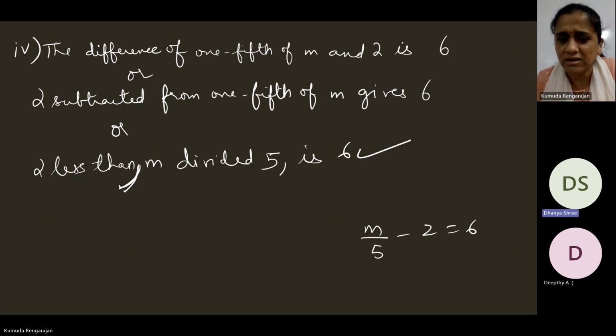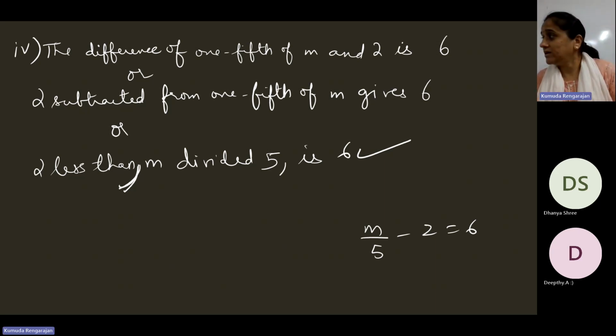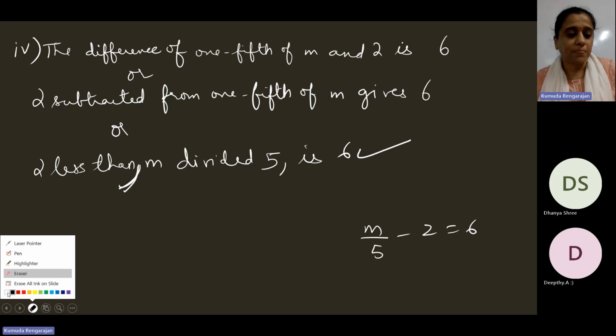Or you can write 2 taken away from the quotient of a number m and 5. M divided by 5 can also be expressed as the quotient of m and 5.